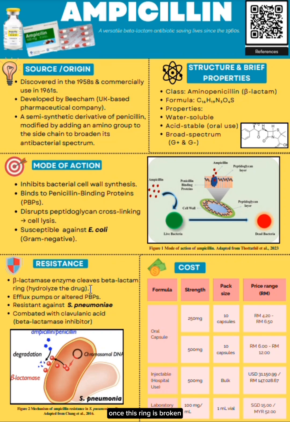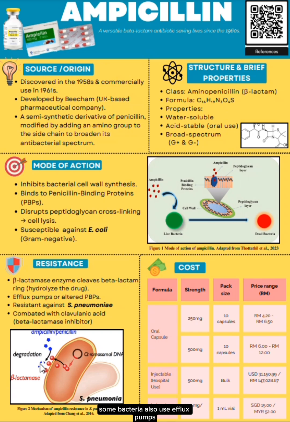Once this ring is broken, ampicillin becomes inactive and can't kill the bacteria. You can actually see this process illustrated in figure 2 of my poster, where the enzyme targets and hydrolyzes the beta-lactam ring in a resistant Streptococcus pneumoniae cell.